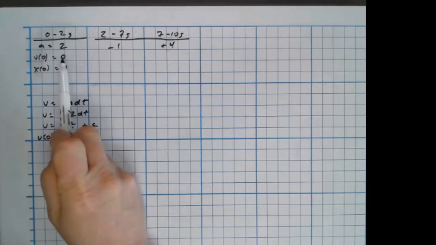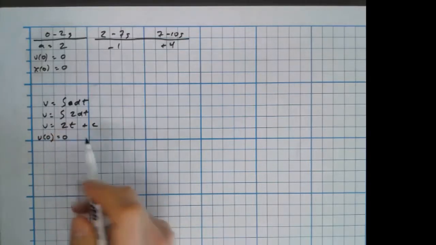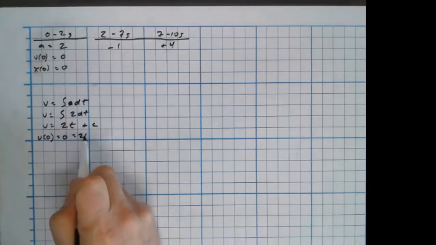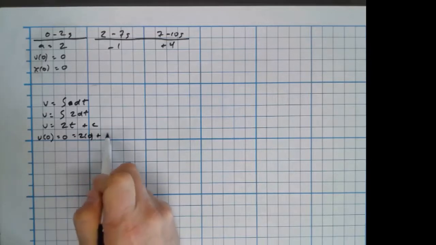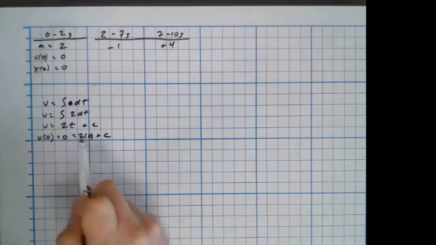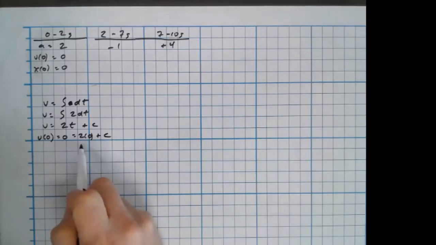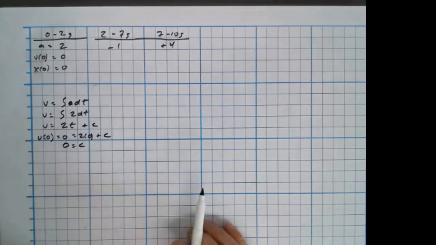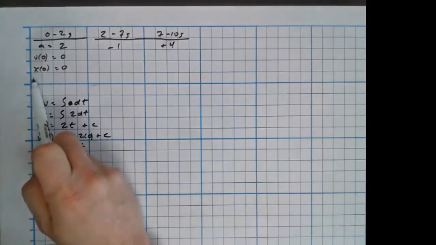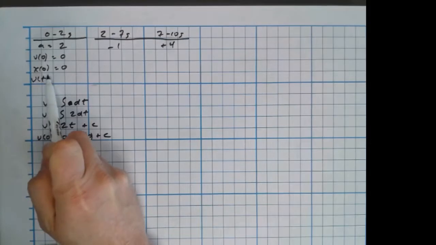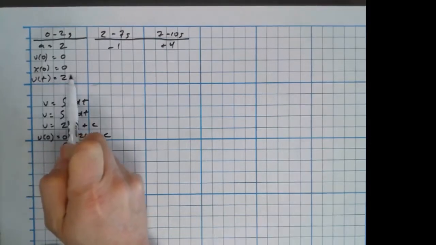That was my starting boundary condition for the velocity, equals 2 times 0 plus c. So I'm plugging in time 0. The velocity at time 0 is 0. That tells me that the c must be 0. Okay, that means the velocity function that I wanted was velocity at time t equals 2t.